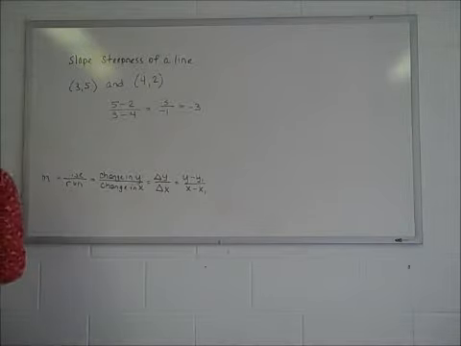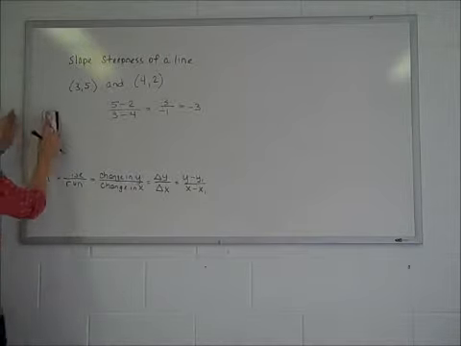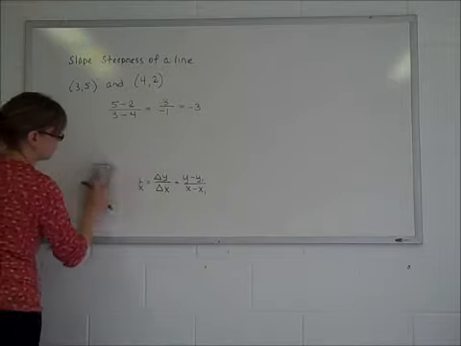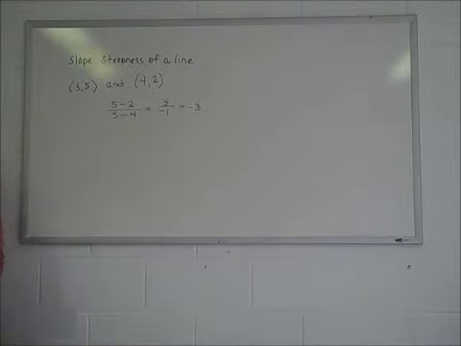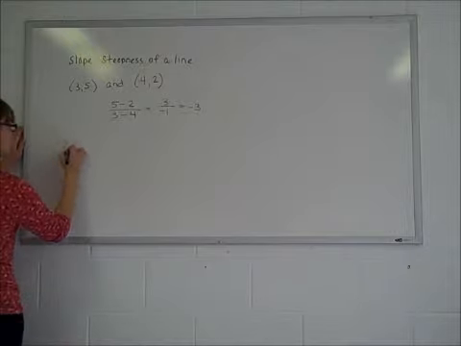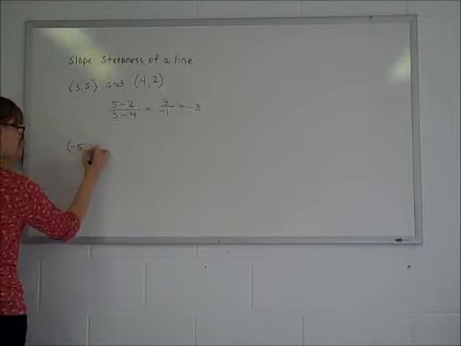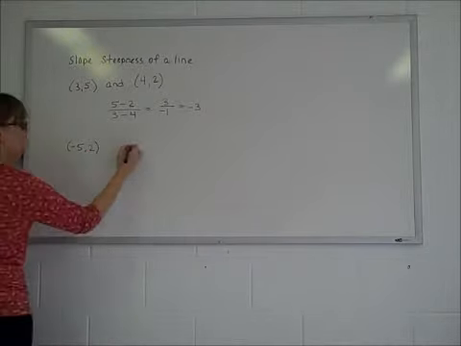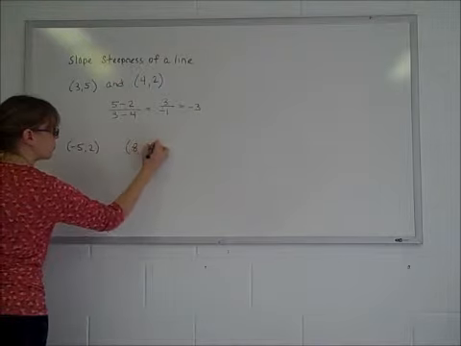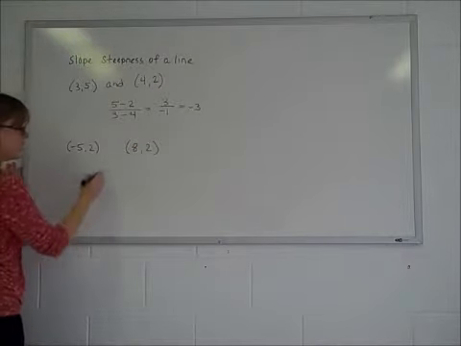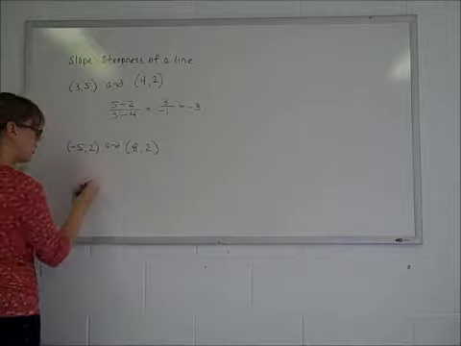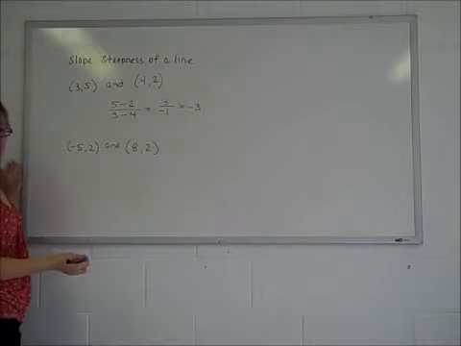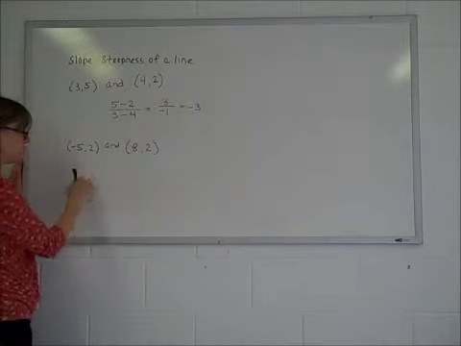We can do another example. Negative 5, 2, and 8, 2. So again, it doesn't matter which y value I start with, as long as I choose the same x to start with.